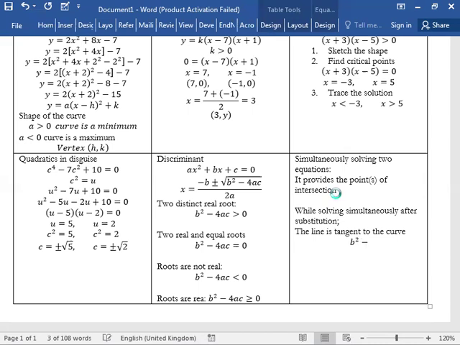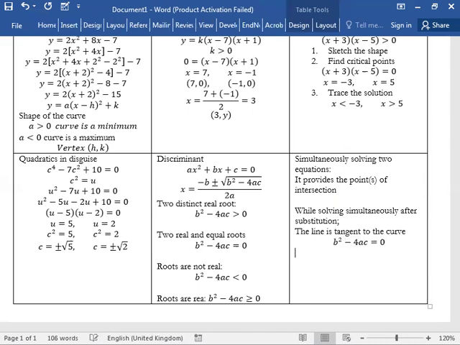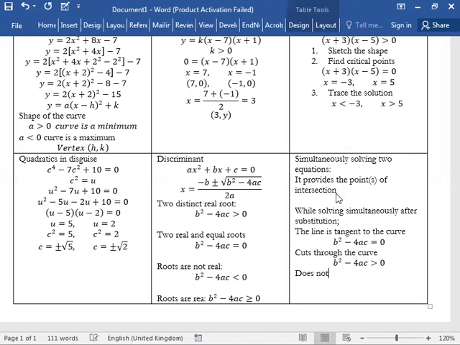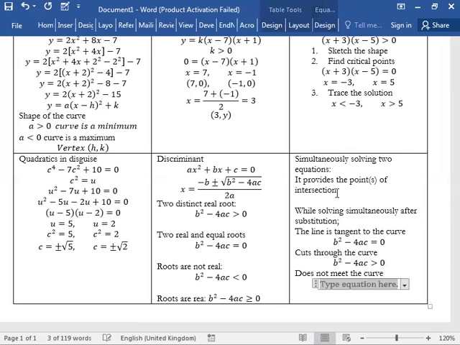B square minus 4ac equal to 0. And if I say it cuts through the curve, then b square minus 4ac is greater than 0. And if I say it does not meet the curve, b square minus 4ac is less than 0. Is this clear?